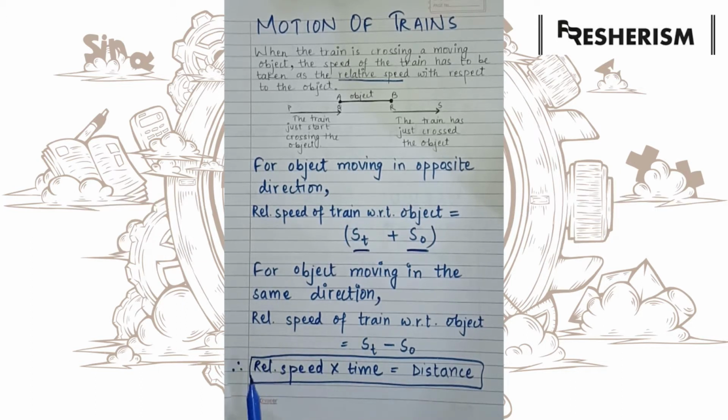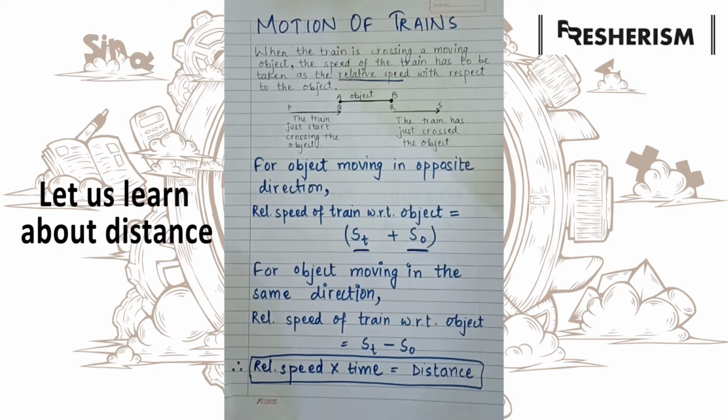From this, we get the basic formula, that is relative speed of the train multiplied by the time taken to cross the object is equal to the distance covered. And this distance is the distance traveled by the train to cross that object.